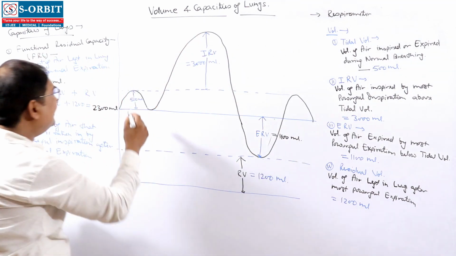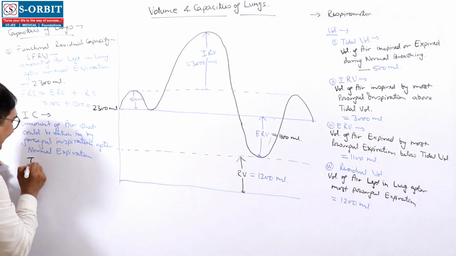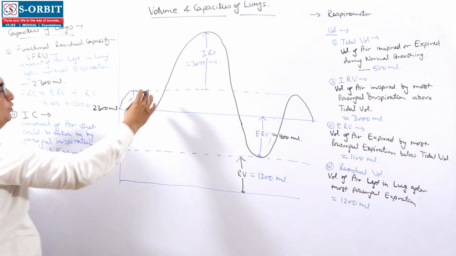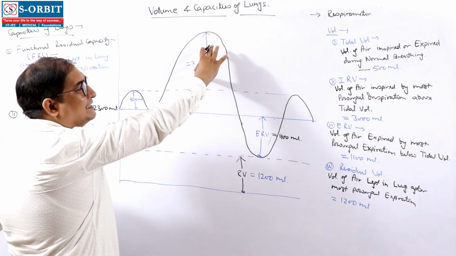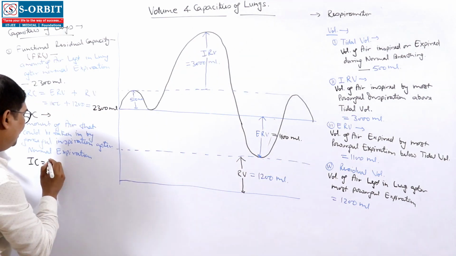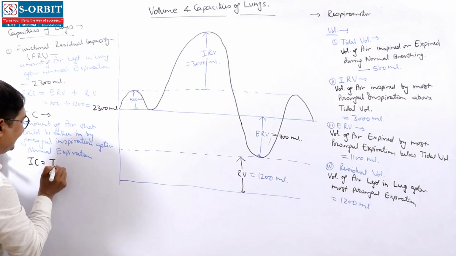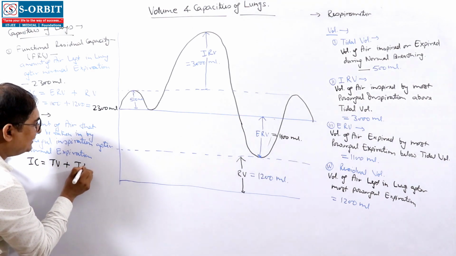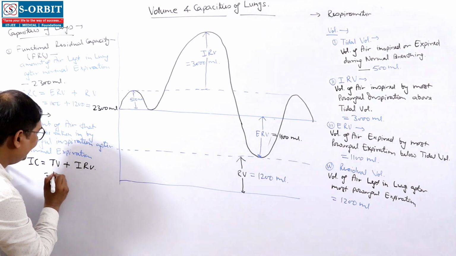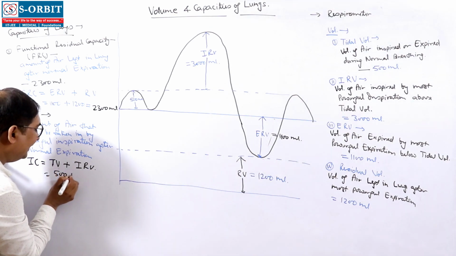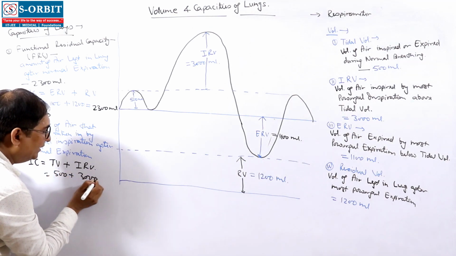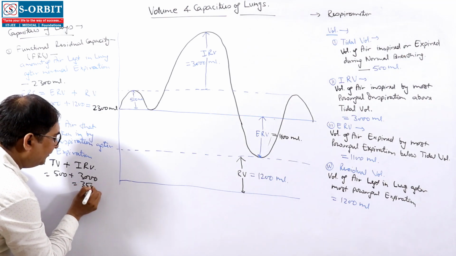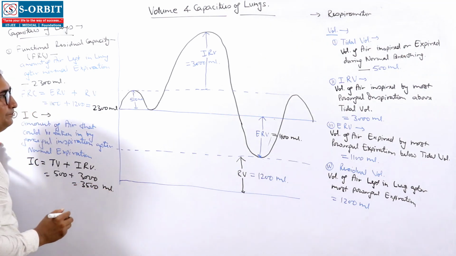And what is inspiratory capacity? Inspiratory capacity is equal to the tidal volume plus inspiratory reserve volume. So inspiratory capacity equals TV, that is tidal volume, plus inspiratory reserve volume. That comes to be about 500 plus 3000 equal to 3500 ml.